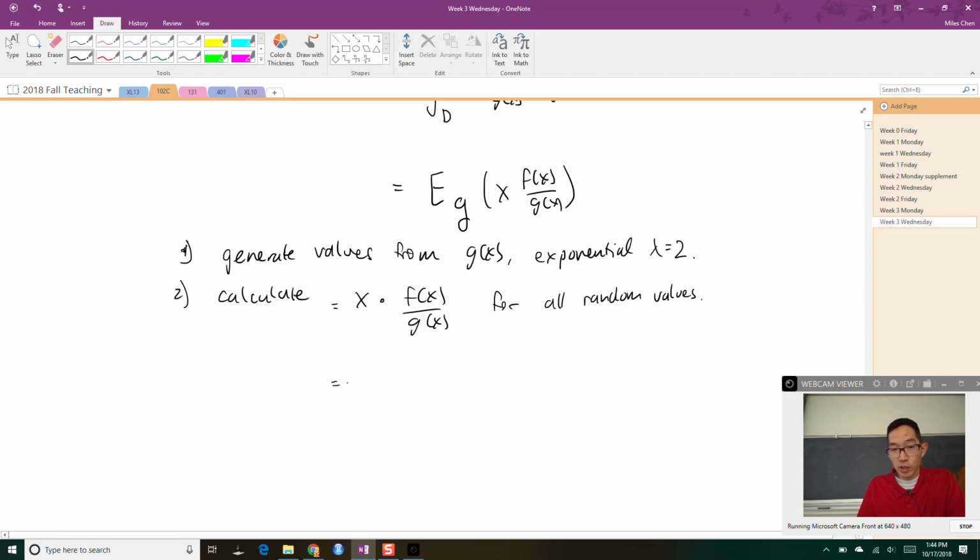Okay, so this is going to be equal to x times 1 over root 2 pi e to the negative x squared over 2, divided by 2 e to the negative 2x.